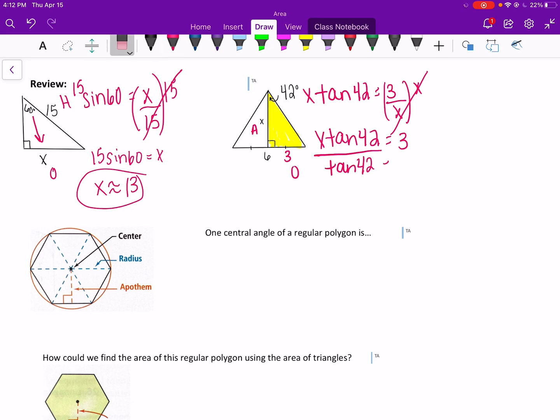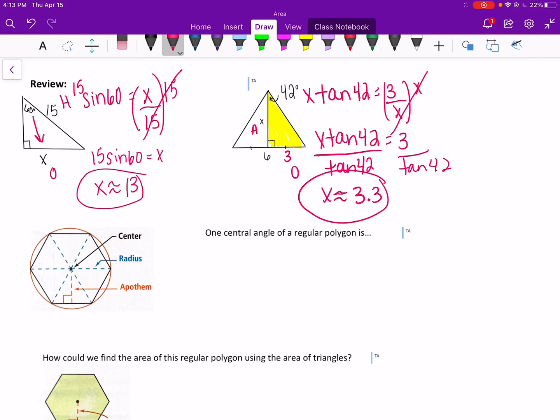We'll do that on both sides. So x is equal to 3 divided by the tangent of 42 degrees, which gives us approximately 3.3.